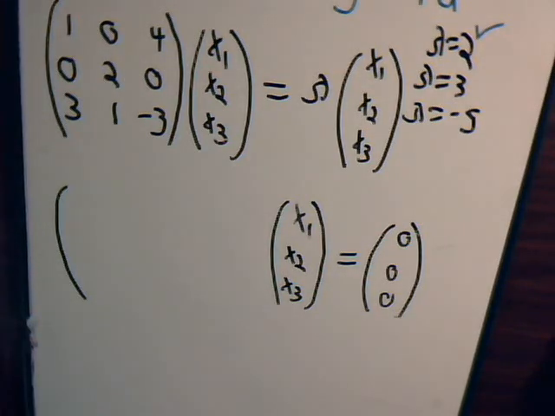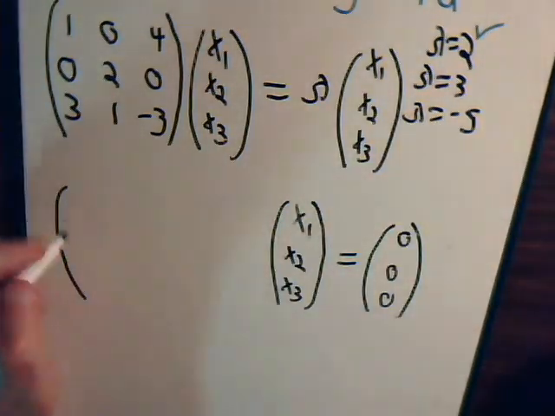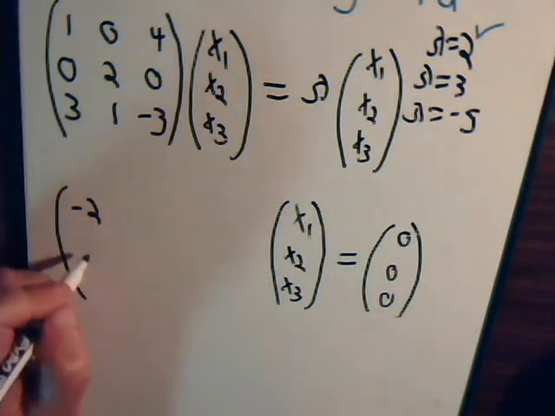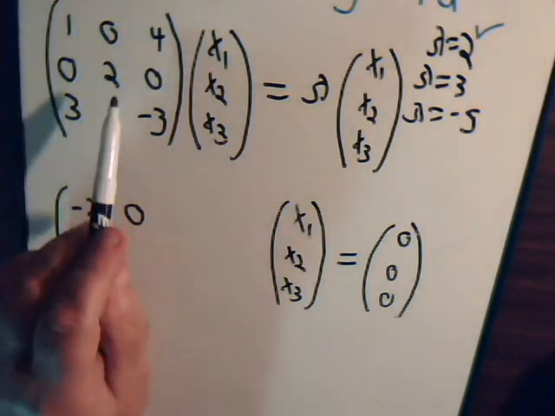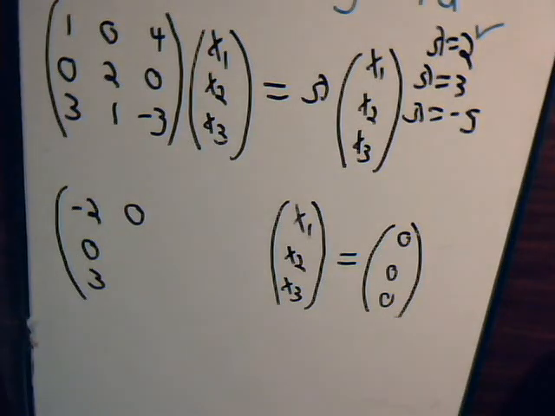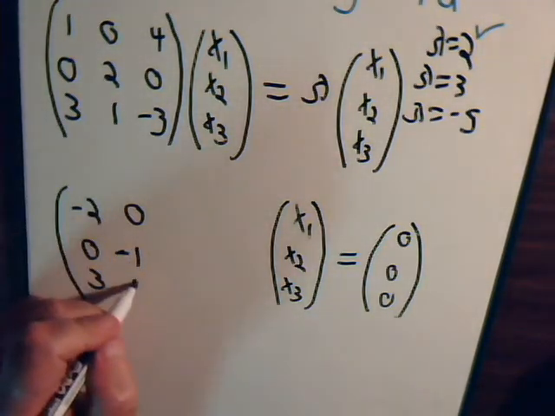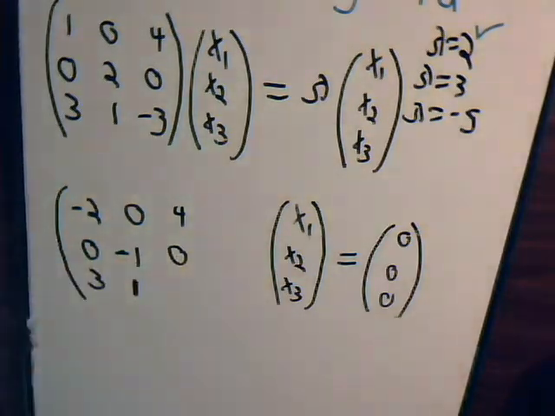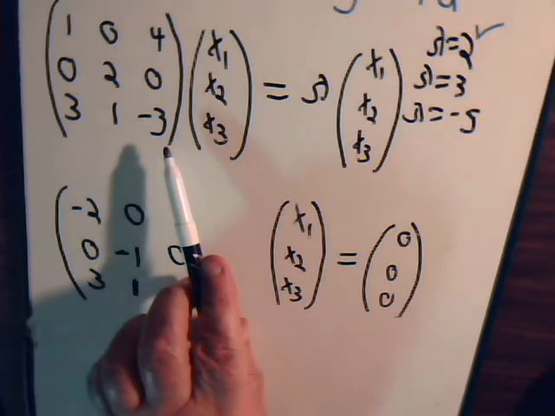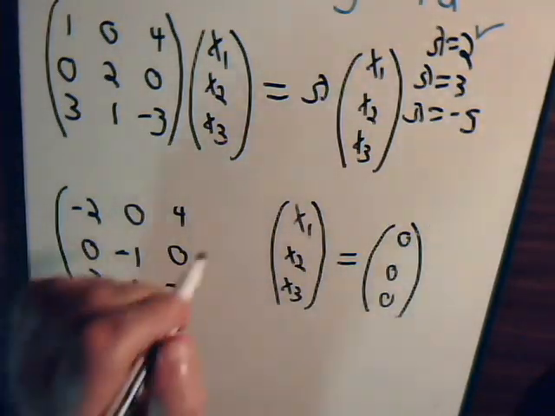So here we're going to have 1 minus 3, that's negative 2, 0, 3, 0, 2 minus 3, that's negative 1. Here's 1, 4, 0, and here we have negative 3 minus 3, that's minus 6.